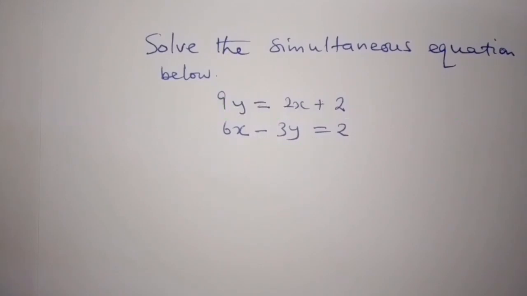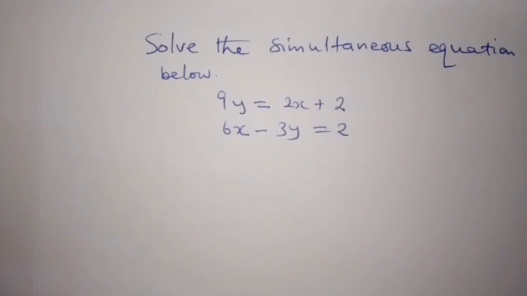Solve the simultaneous equation below. 9y is equal to 2x plus 2. 6x minus 3y is equal to 2. First of all, we are going to rearrange the equations.